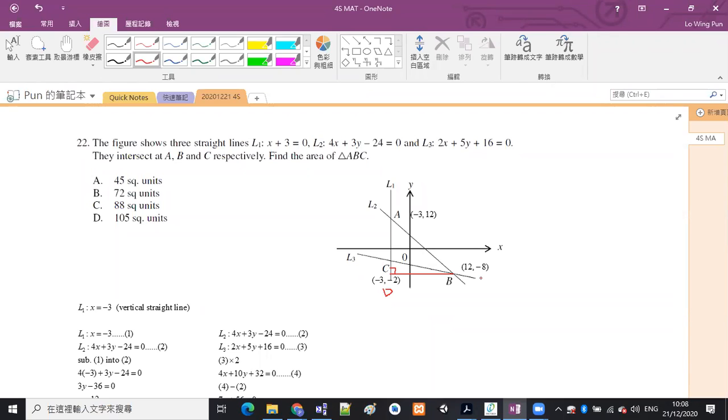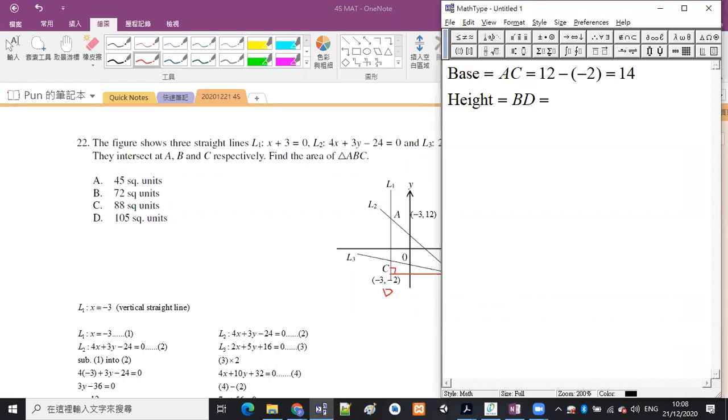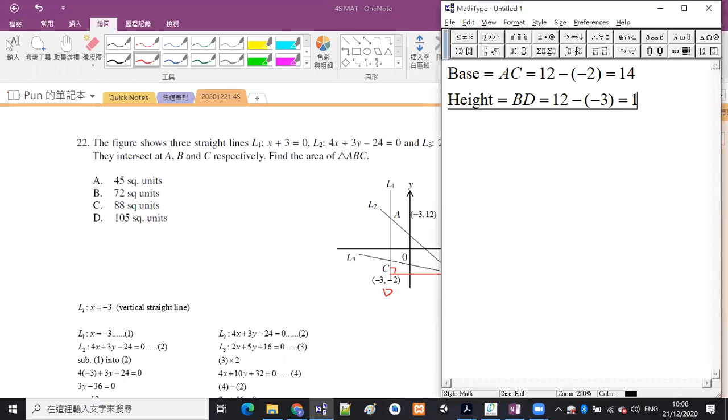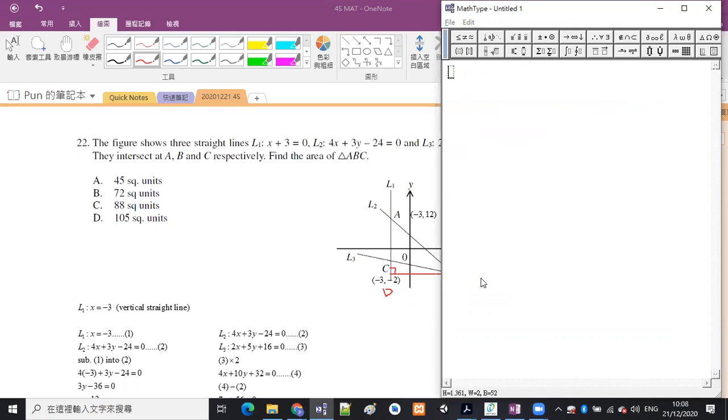Point D will have x coordinate equal to -3 because it is lying on the line L1. So it should be equal to 12 minus -3, which is 15. Get this? So the area of triangle ABC is equal to half times base times height. That should be 105 square units.